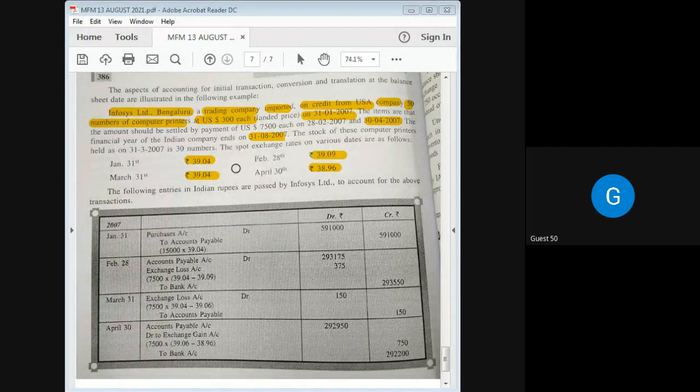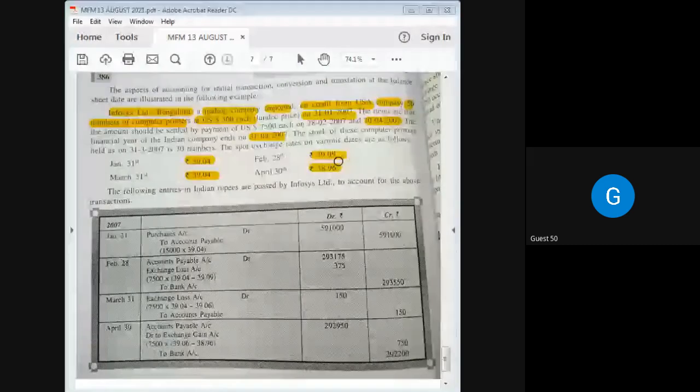So you can see that at the date of the contract, the spot rate was 39.04, but at the time of the settlement, the spot rate is 39.09, almost 0.05 is raised. Okay, so because it is rising, as a buyer, because we are paying to the seller, we are facing the loss.